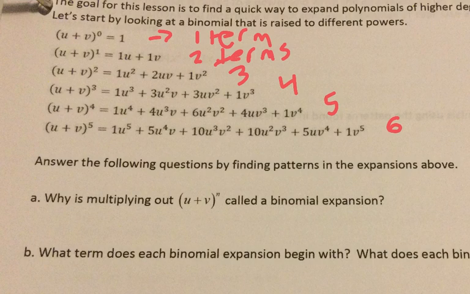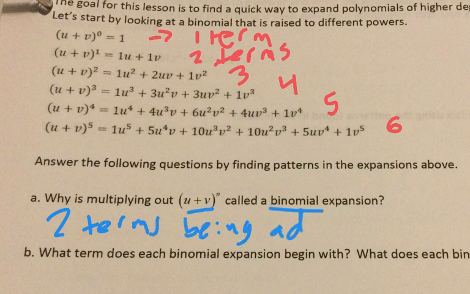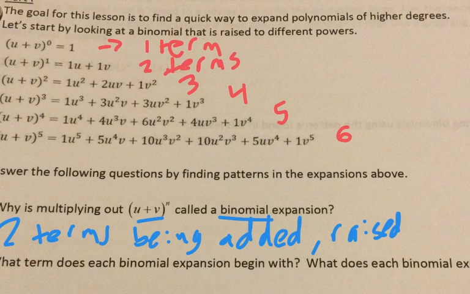And again, the key there is the word binomial. Binomial means two terms. And what we have in parentheses is two terms. So anytime we have two terms being added, raised to a power, that's when we have a binomial expansion.